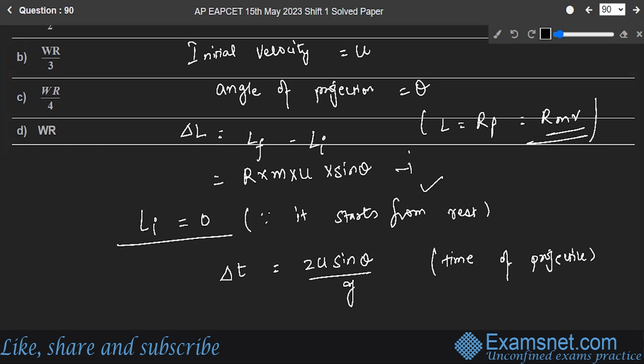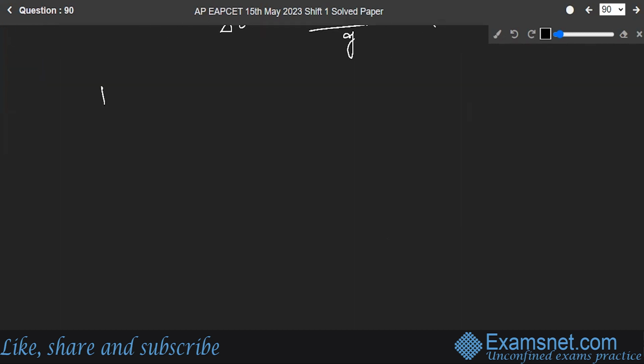Let's say this is equation 1 and this is equation 2. Now put delta L and delta T in the torque equation.